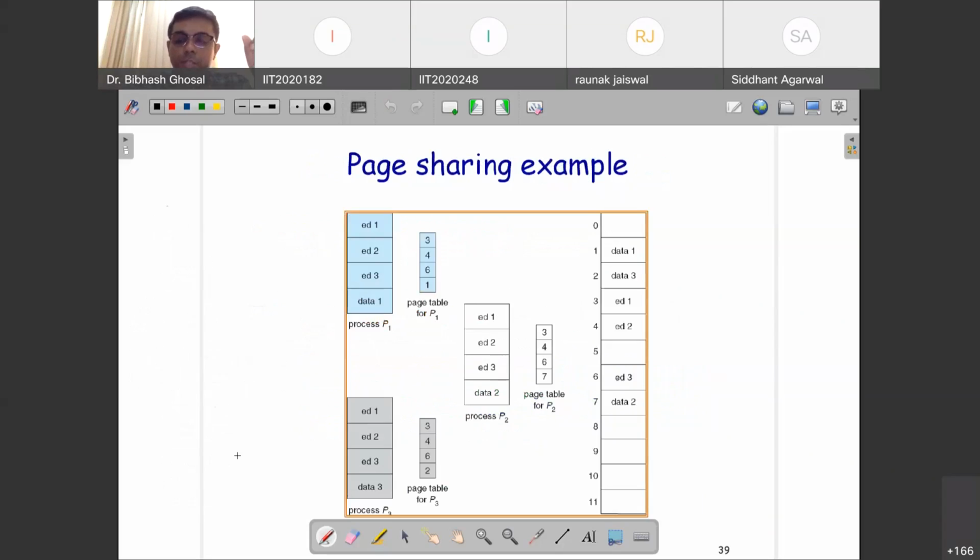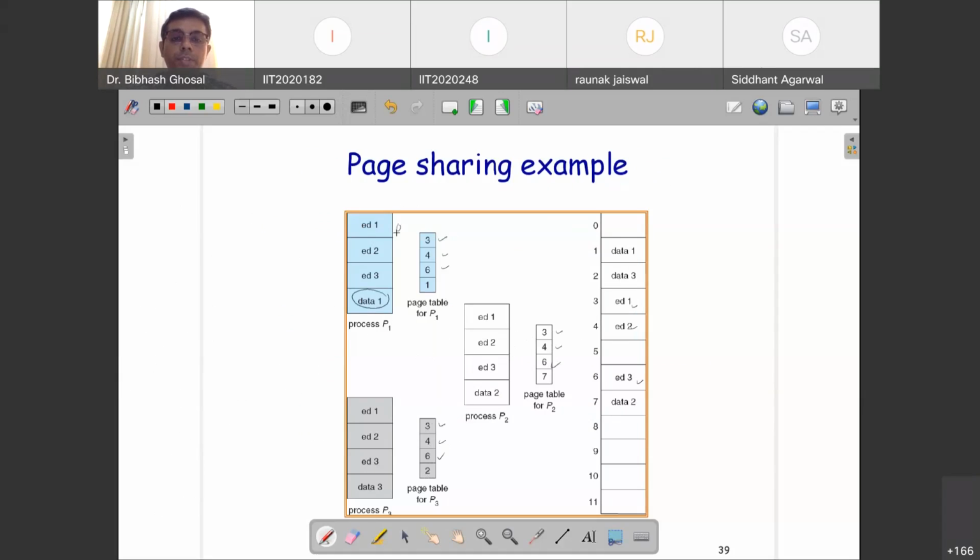This has been shown here. As you see, pages are being shared. So processes P1 and P2 both are sharing ED1, ED2, ED3. Again, 346, 346, the frame numbers. This is also having 346. This is also having 346. And both of them are having 346, which contains 3, 4, and 6. The ED1 is shared. The difference is in this page.